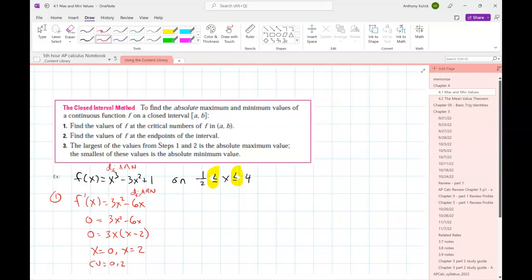And then I have to evaluate those. So I'm going to do f of 0, f of 2. And then in step 2, I also want to check the critical value at the endpoints, f of -1/2 and f of 4. So I'm just going to plug those back into f here.